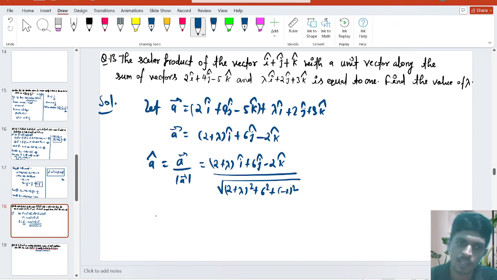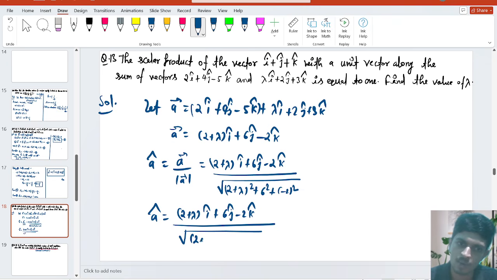You simply get 2 plus lambda whole square plus 36 plus 4.